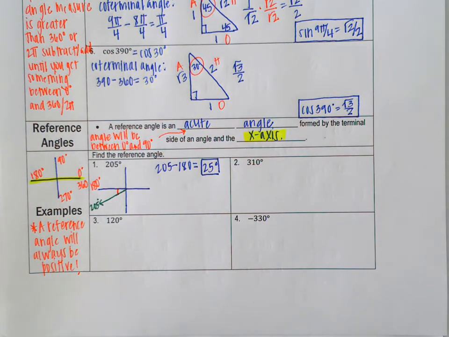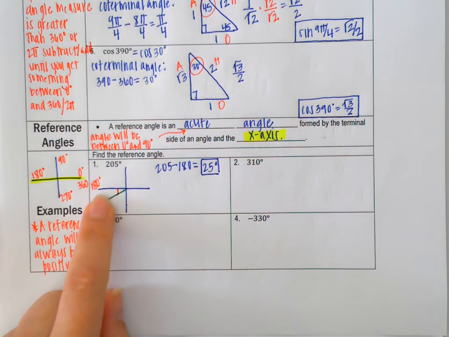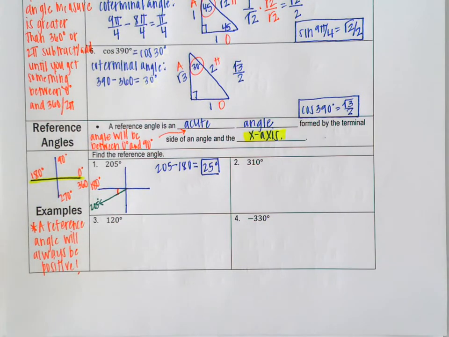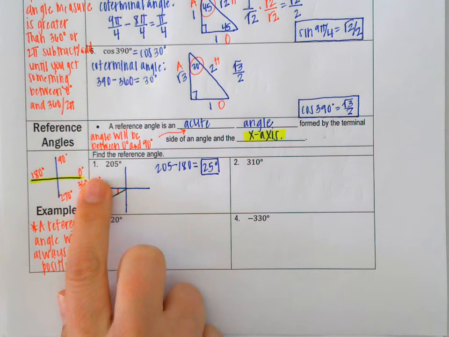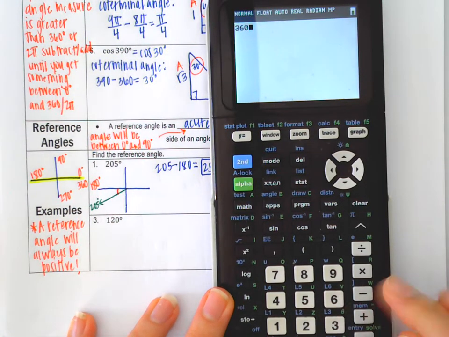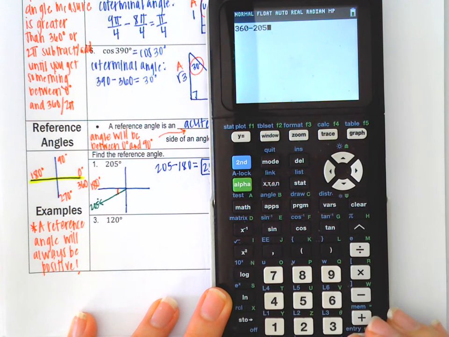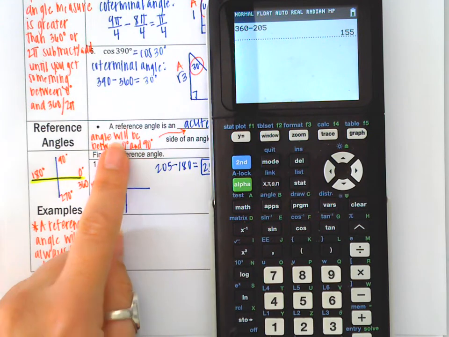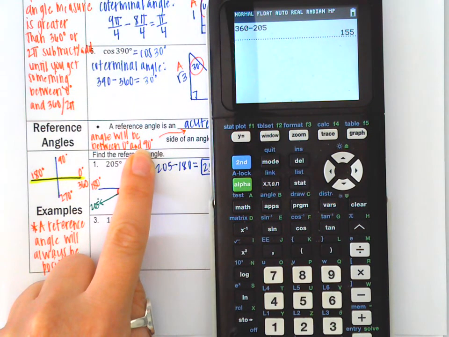So a few things. First, I went back to 180 because if I went back to 360, and I'm going to show you guys on your calculator because really those are the only two options you can do. If I went back to 360, 360 minus 205 is 155. And remember, a reference angle has to be between 0 and 90 degrees.